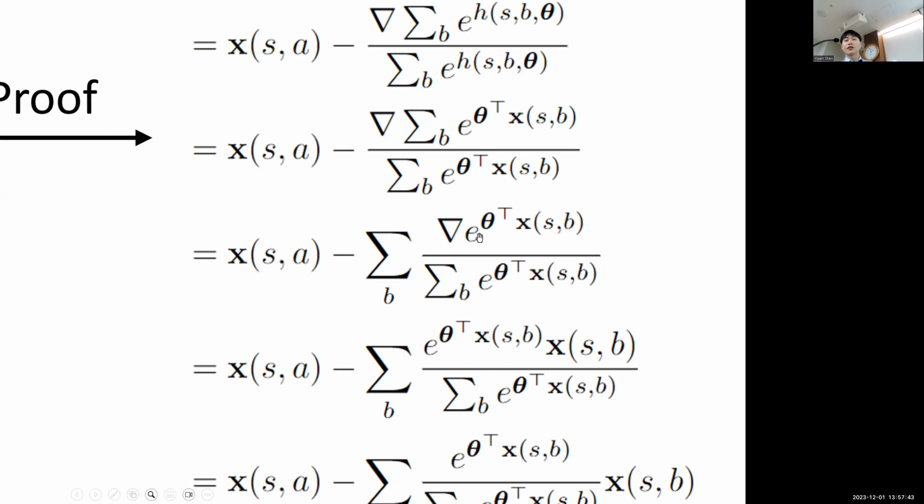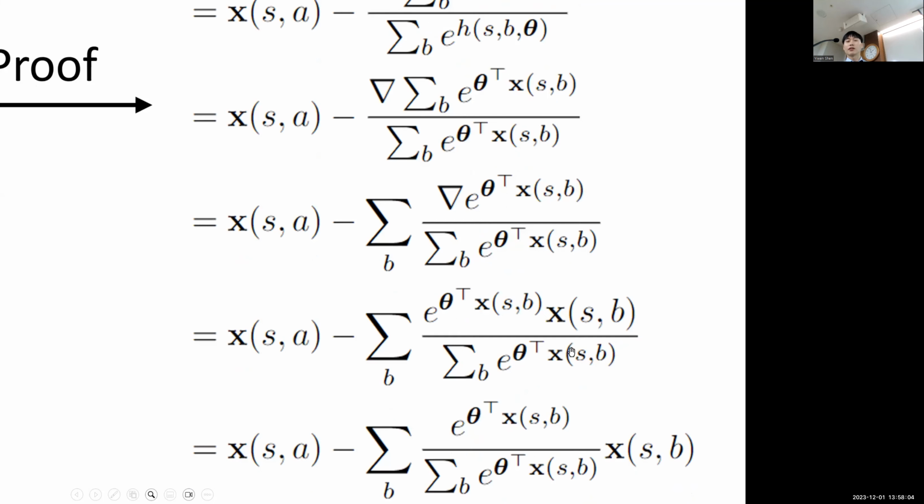So the derivative of e will be just e itself times the chain rule, the derivative of theta transpose x. Since this is a linear combination, the partial derivative just equals the feature vector itself. Then the bottom side is the same.